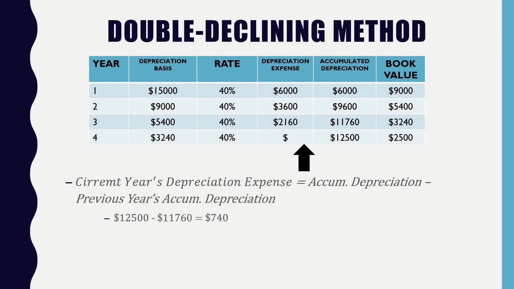Once again, we're going to work backwards one more time, because we needed to reflect how much depreciation needs to be calculated in order to reach the total amount of 12,500.